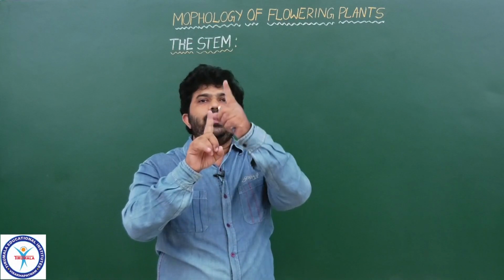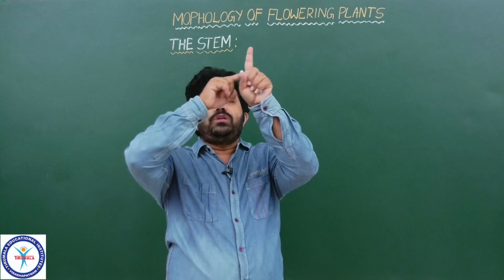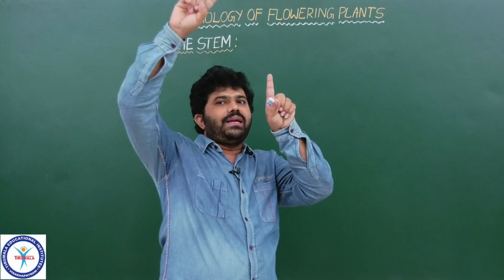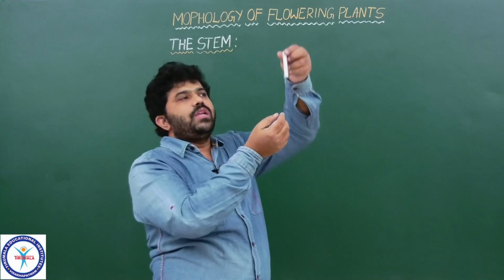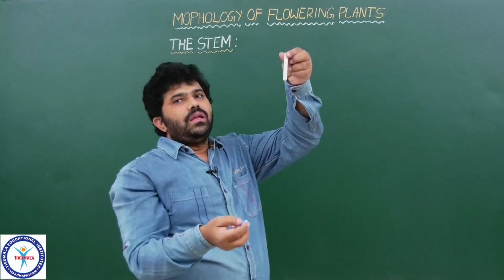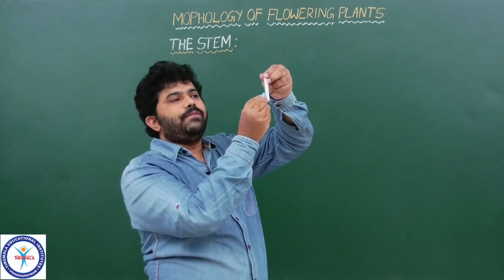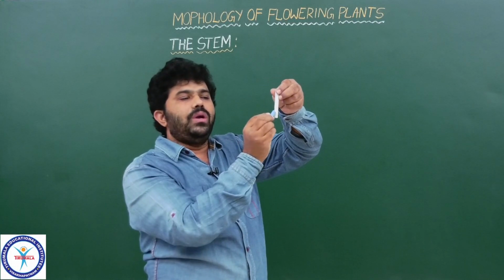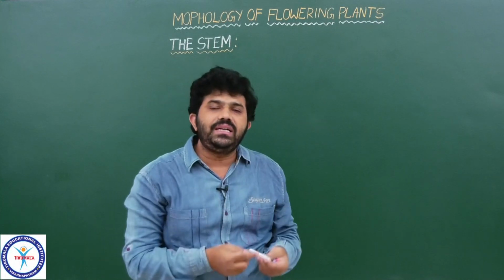When the stem is growing, it is differentiated into nodes and internodes. As I already said, this is a continuous plant axis, and it is differentiated into nodes and internodes. How can we understand it is a node?